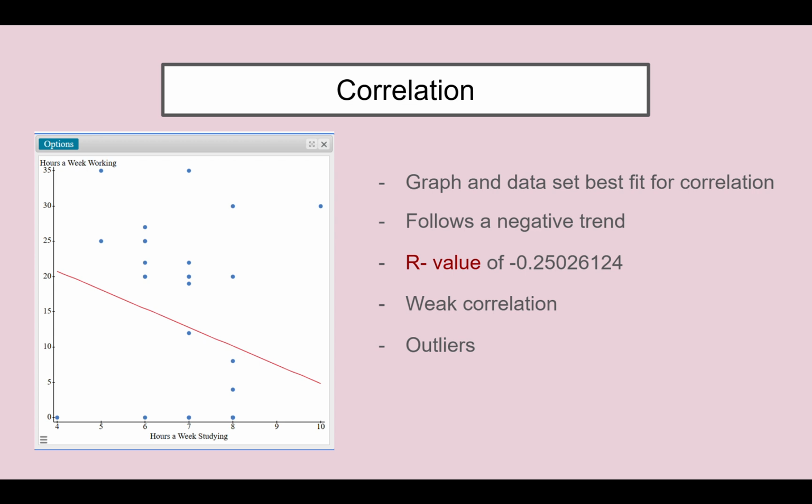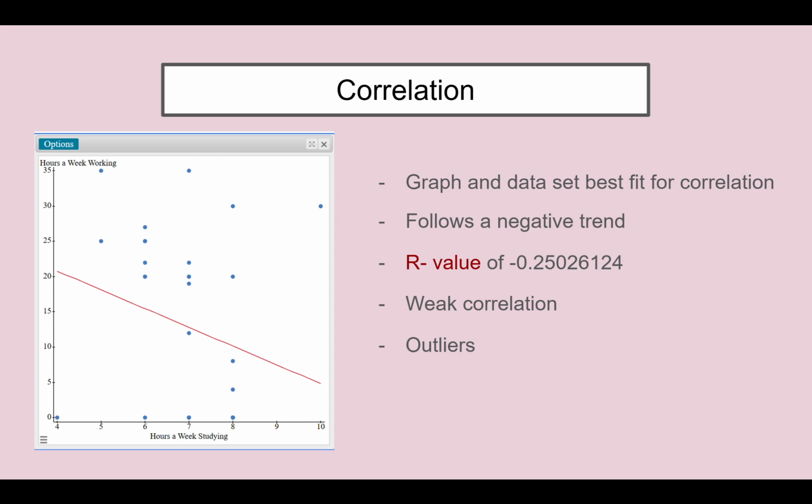And now going into correlation. For this correlation test, I did hours a week working and hours a week studying. This data set was the best fitting for a correlation graph. As we can see, the linear line follows a negative trend, which means our value is going to be negative, which is negative 0.250262124.